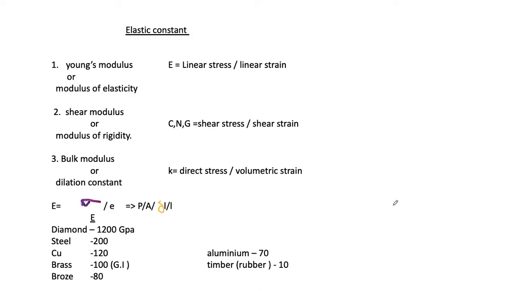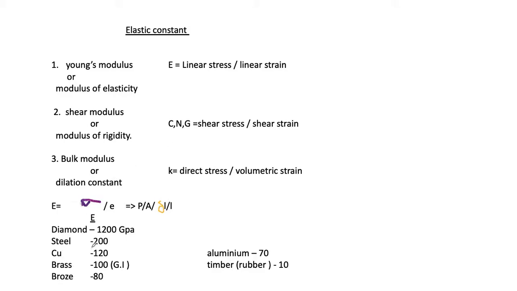Bulk modulus or dilation constant, denoted by K, is direct stress by volumetric strain. E is Young's modulus, which is stress by strain, where stress is load by area, and strain is the change in dimension by original dimension, which we denote as delta L by L.